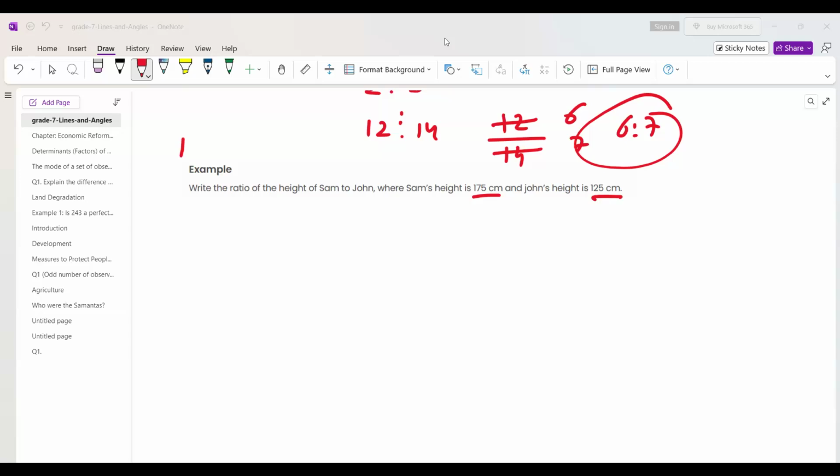Mom, I got the answers. Mom, can I tell the answer for what's the ratio? Wait a minute. Let everybody finish. Ma'am, we start with Sam's height, right? Ma'am, I got the answer. Can I say? Finished, ma'am.